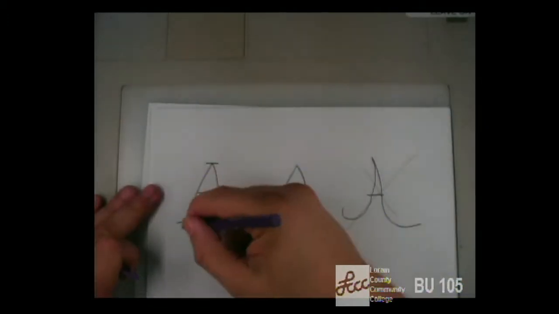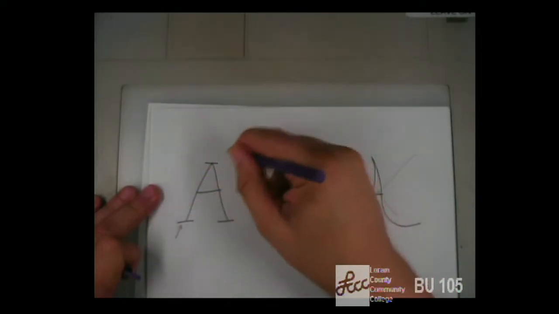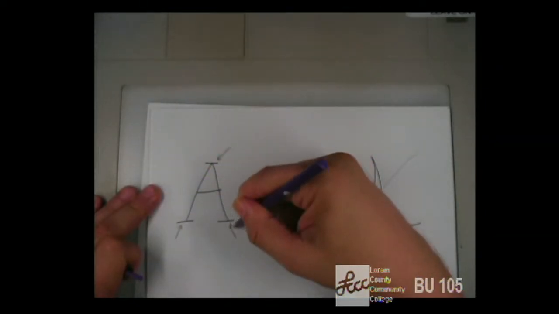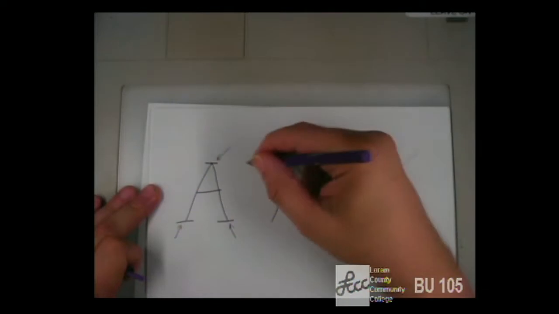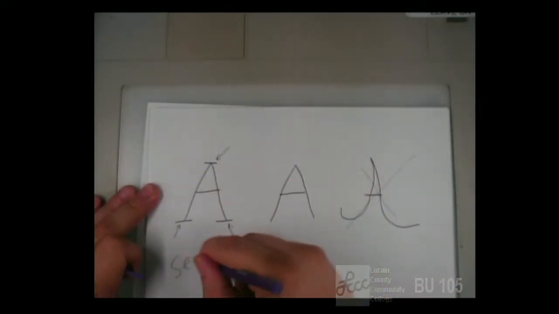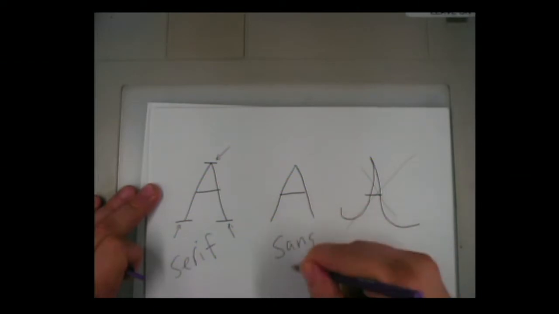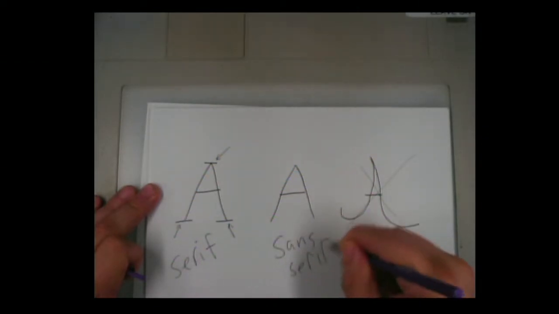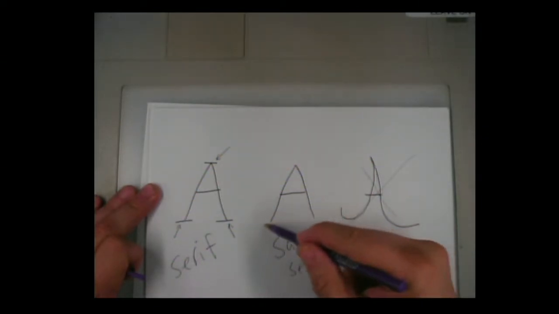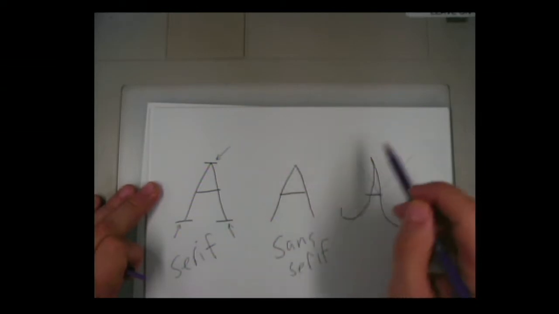Now, serif versus sans serif fonts. The serifs are these little thingies here. So this is a serif font. This is a sans serif font, because it doesn't have thingies.